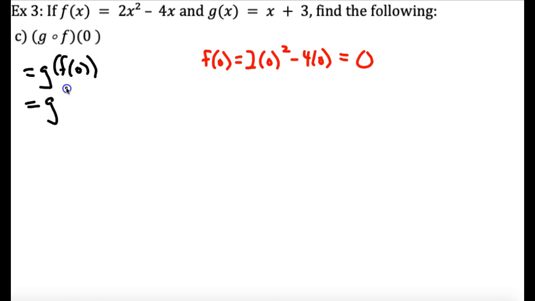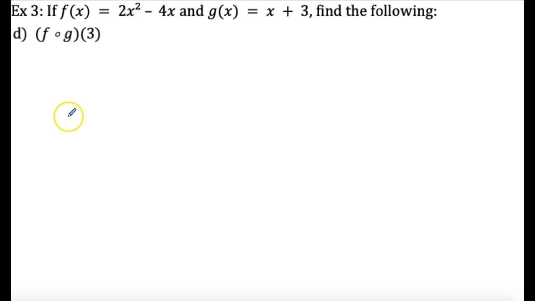So I'm just going to evaluate g of 0. Okay, well, that means I'm plugging 0 in everywhere I see an x here. So that'll be 0 plus 3, which just gets me 3. Okay, so g of f of 0: evaluate f of 0 first, and then plug that into g.